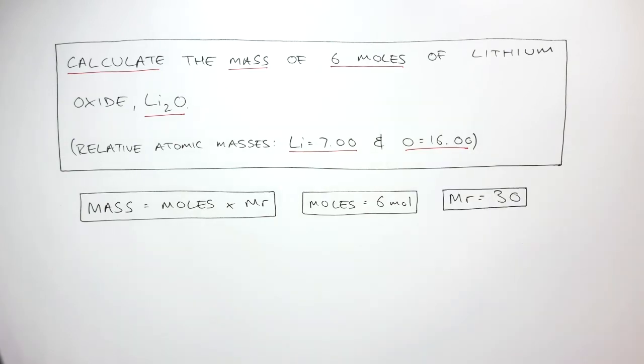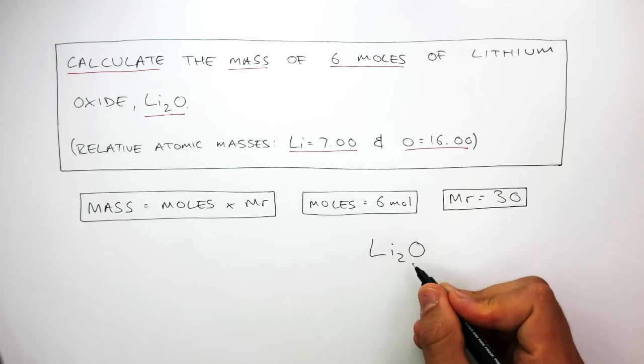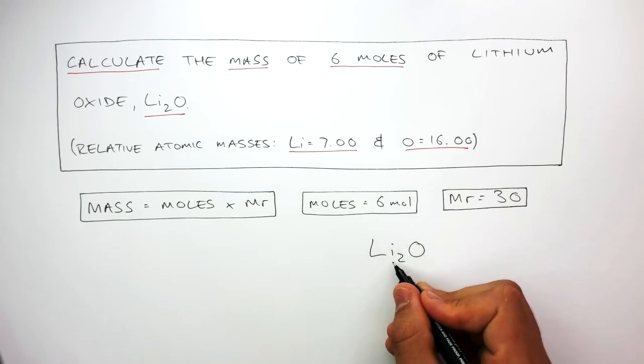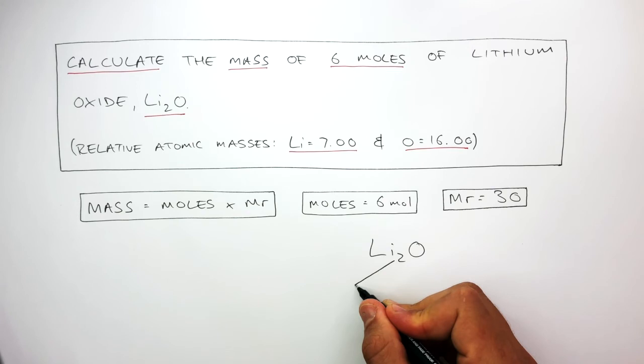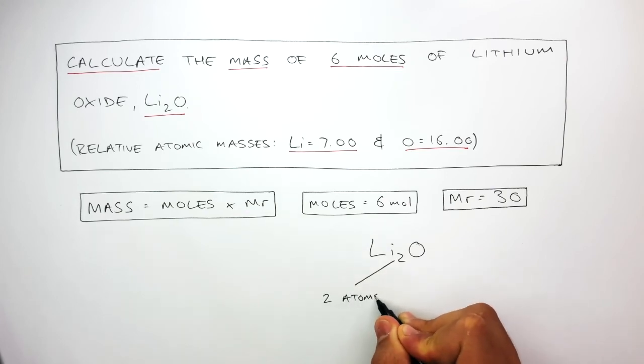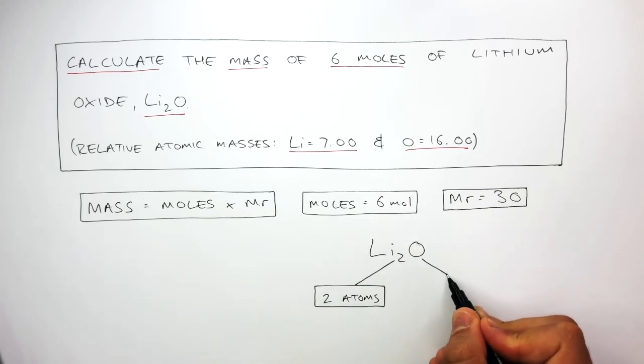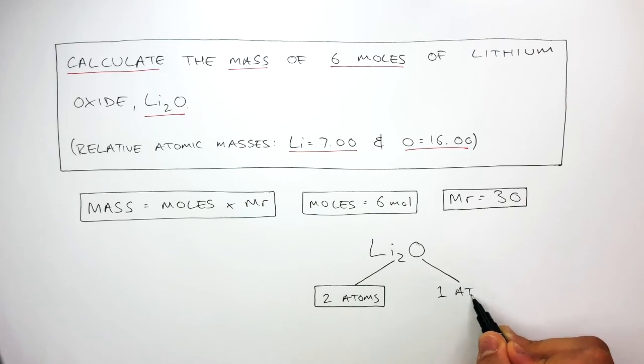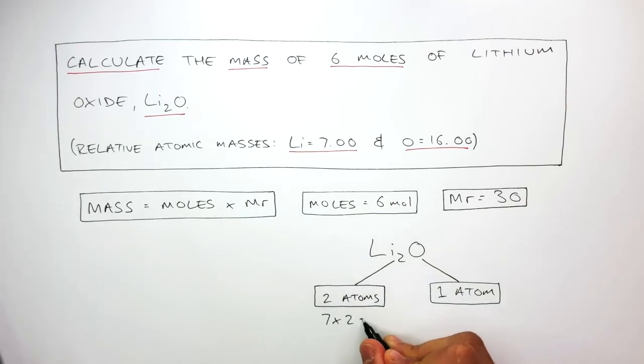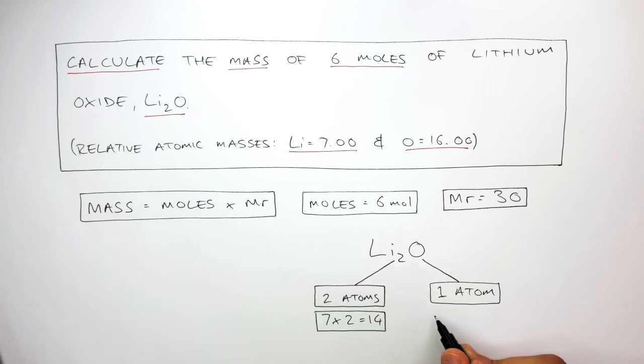I've calculated this by writing down the chemical formula of Li2O, which we can see in the question, and the 2 after the Li tells us there are 2 lithium atoms, and the O by itself tells us there is 1 oxygen atom. So the AR of 7 times 2 equals 14, and the AR of 16 times 1 equals 16.